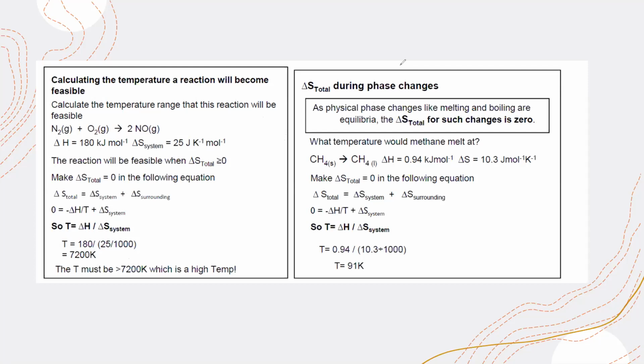In the same way, when there is a physical phase change like melting or boiling, the total entropy is also 0.